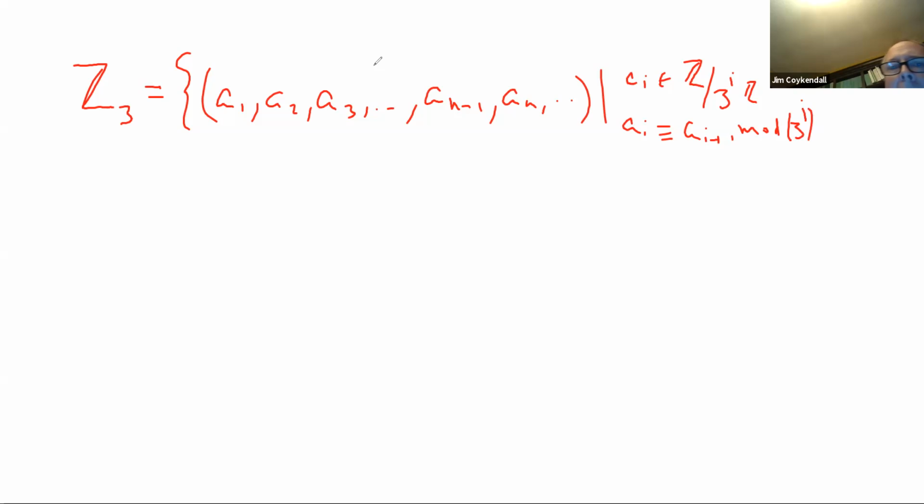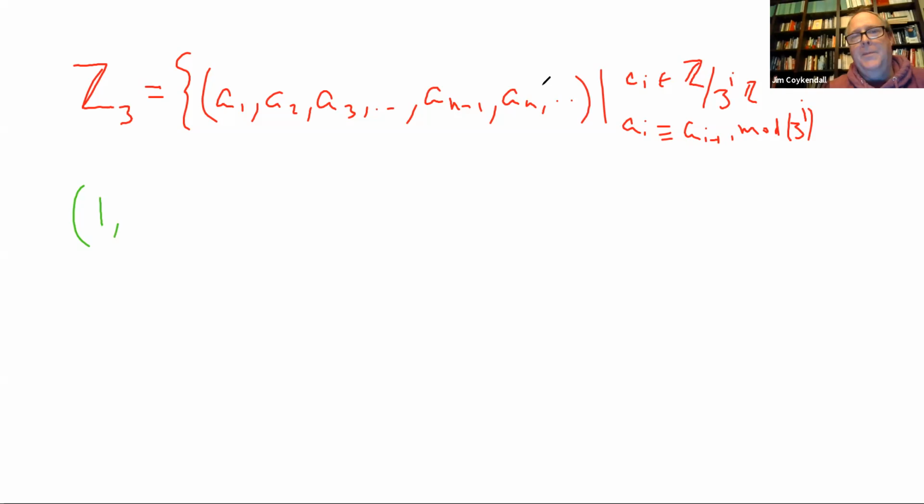Let me give you some examples that might clarify some stuff. Just for giggles, let me start with a 1 here. So that's in Z3. Now notice, I can't have a 2 here, right? Because 2 is not equivalent to 1 mod 3. I've got to have an element here from Z9 that's equivalent to 1.